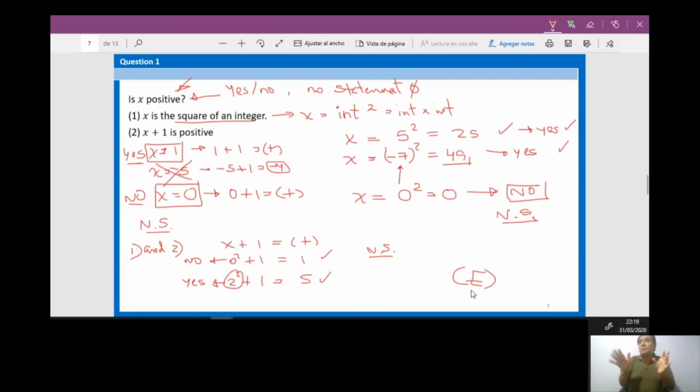So don't waste your time. Whenever you see that the same value changes the answer to the question, just forget about it and mark option E directly. In that way, you save a little time, skipping the step of combining the two statements together. All right? Let's move on to another example.